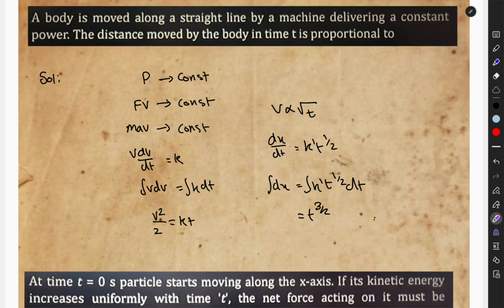We know that v is equal to dx by dt, so dx by dt is basically equal to k t to the power 1 by 2, and integrate both sides by taking dt on that side, and then you will get x proportional to t to the power 3 by 2, and that will be the answer for this question.